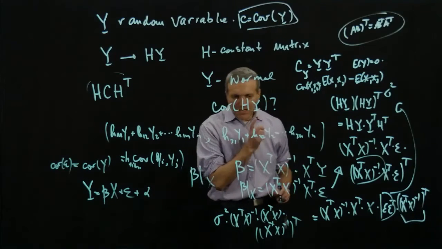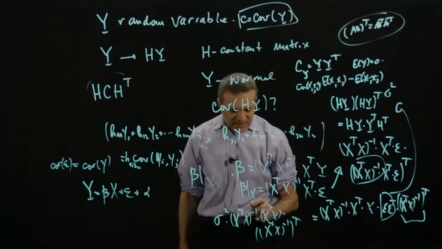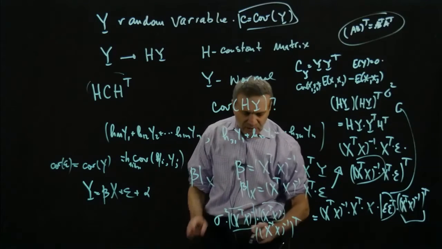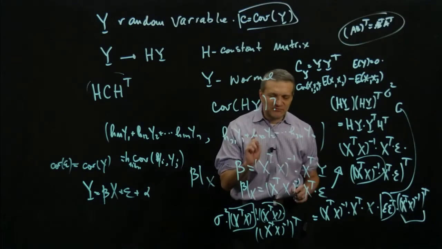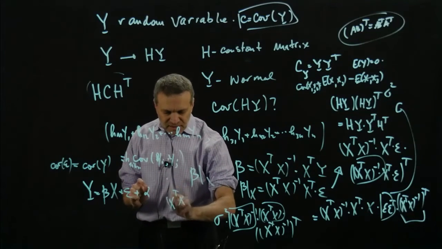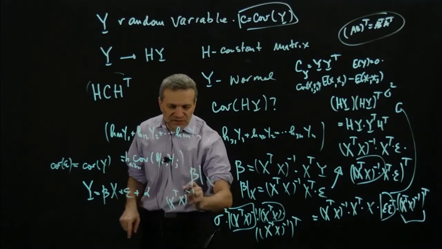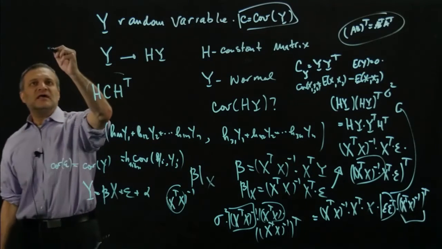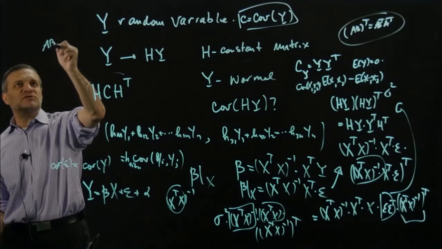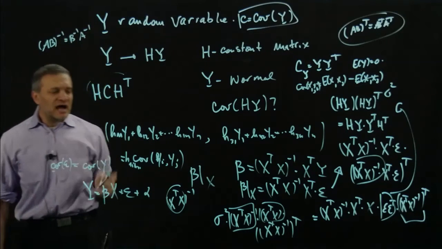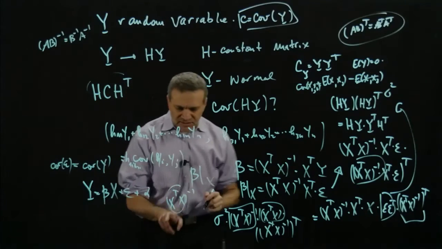Okay? Now, you see what happens here: this guy and this guy go away. You have to be careful here, because X transpose X is defined only as a whole. You could think, oh, AB inverse equals B inverse times A inverse. However, this is going to be wrong in this case. Why?